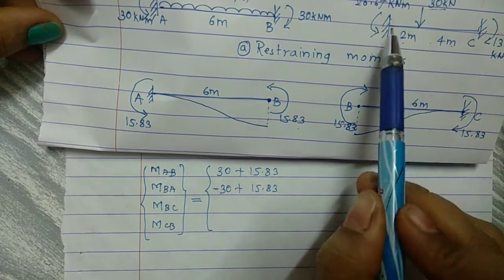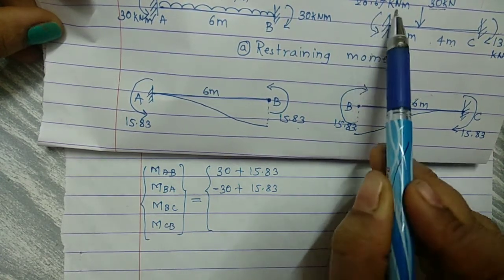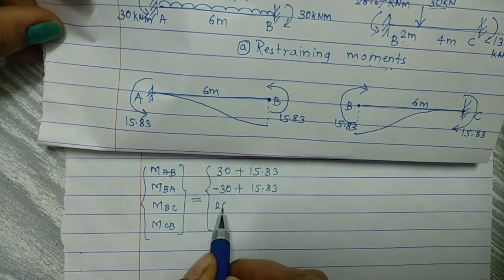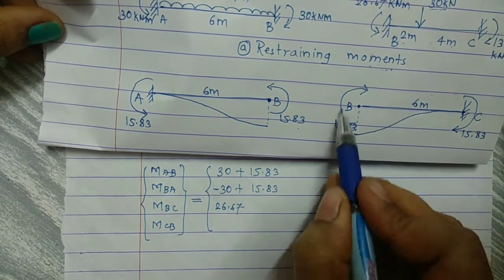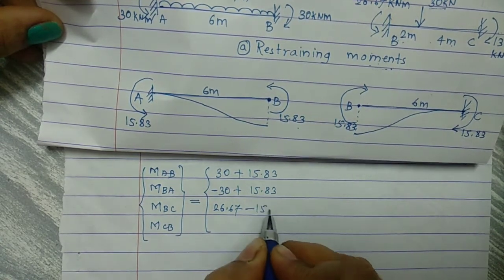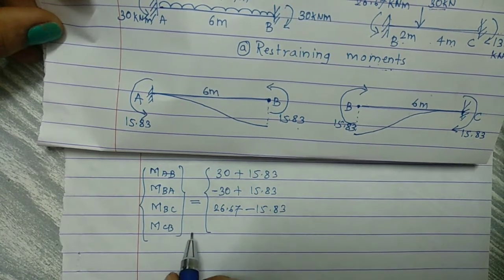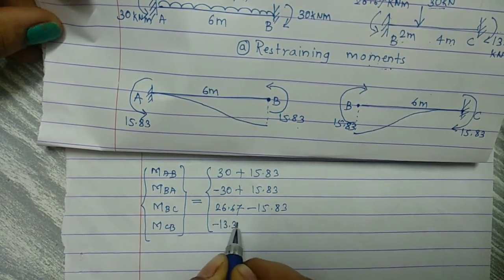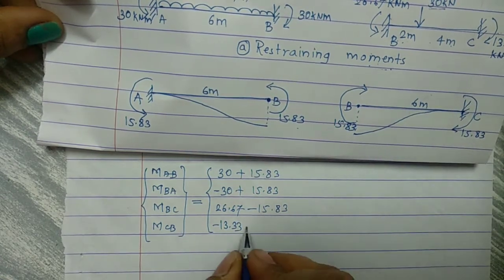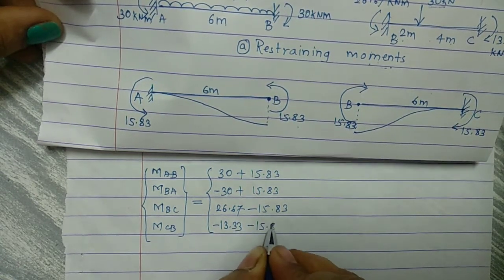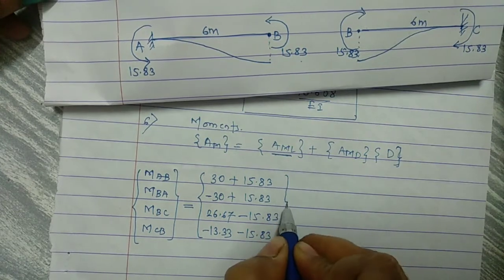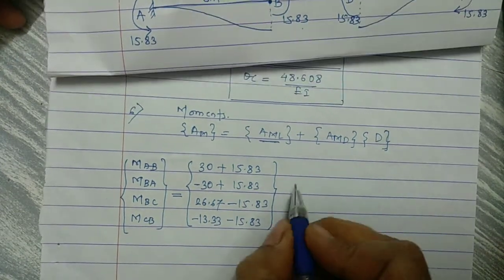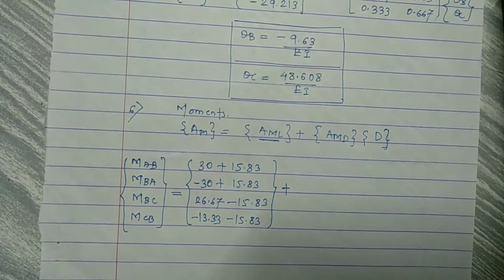BC moment, BC restraining 26.67, sinking minus 15.83, and CB restraining minus 13.33, sinking clockwise minus 15.83. So this is your AML matrix plus AMD matrix.